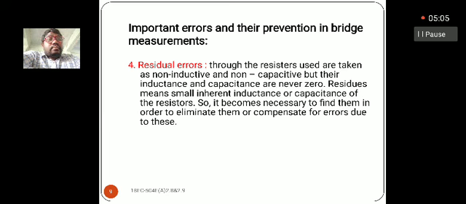Residues means small inherent inductance or capacitance of the resistors. So it becomes necessary to find them in order to eliminate them or compensate for errors due to them.